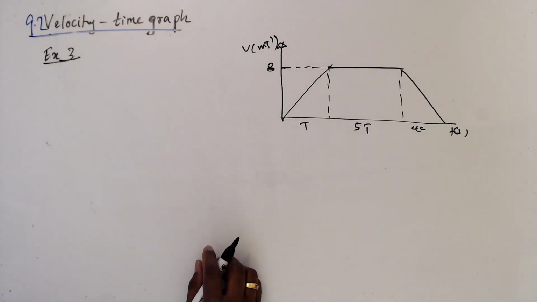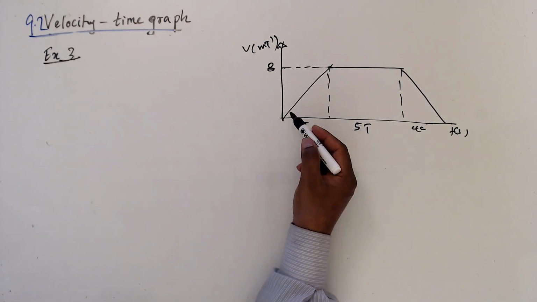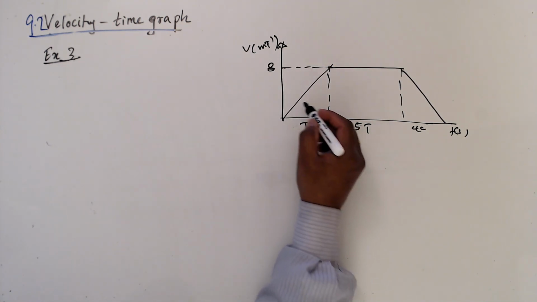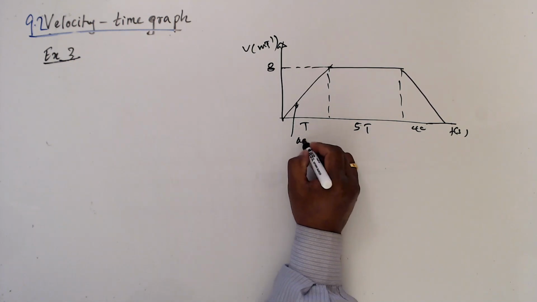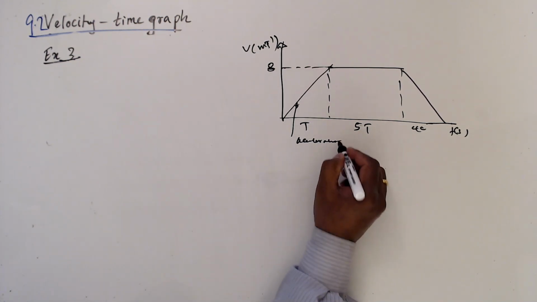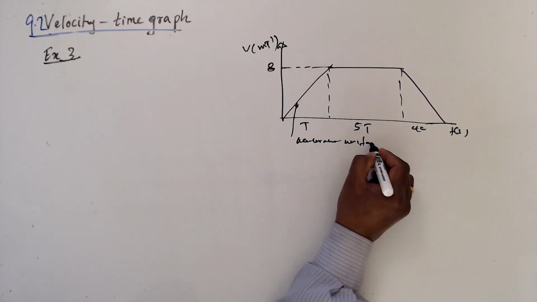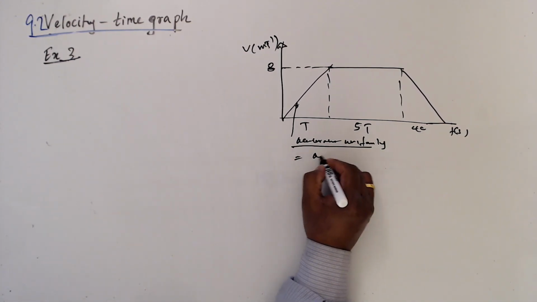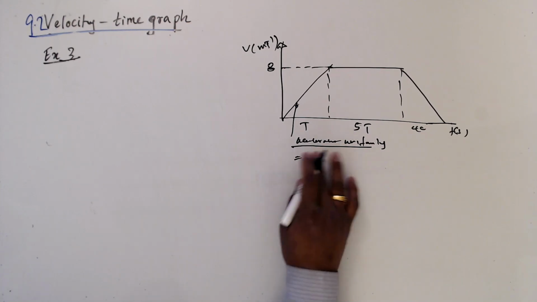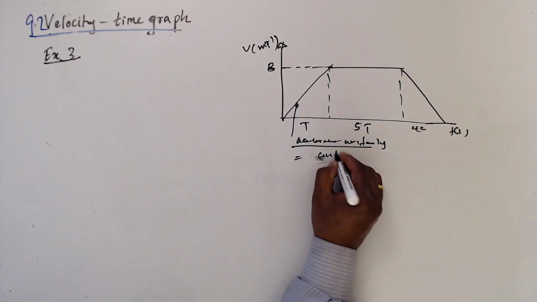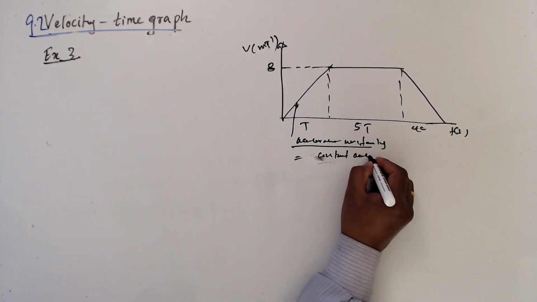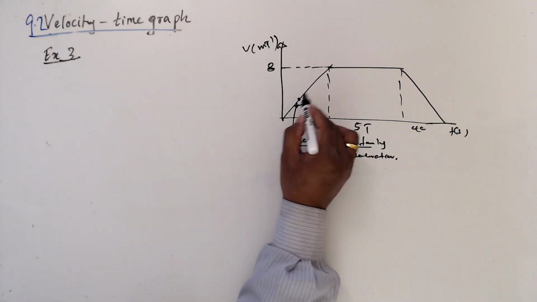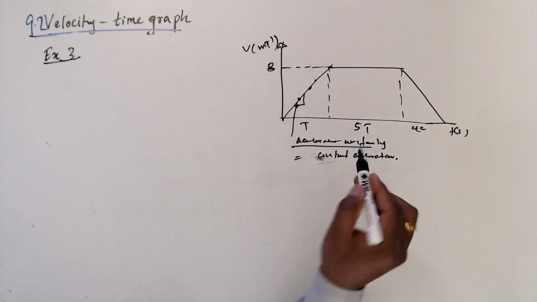Example 3. The particle is moving, accelerating uniformly. Accelerate uniformly is a phrase that means constant acceleration. If you take the gradient at this point or at this point, it is the same, constant.